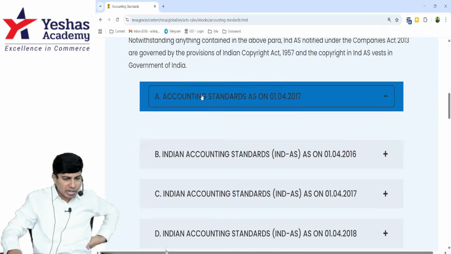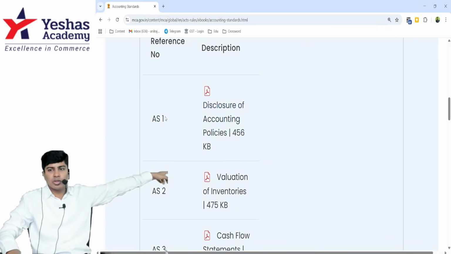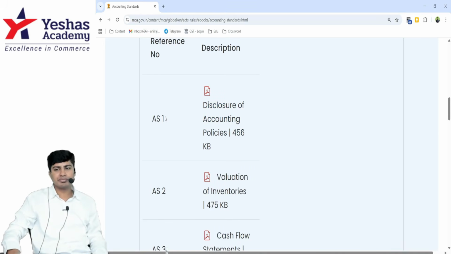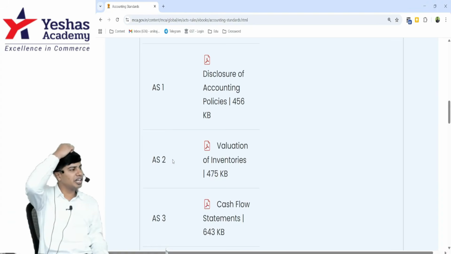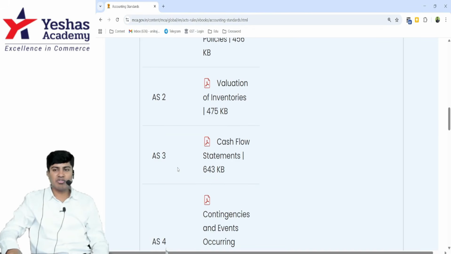Okay. Now, if I click on this word accounting standards, I have the entire list. AS1, disclosure of accounting policies. Come to your index. In module 1, do you see AS1? What is the name? Disclosure of accounting policies. AS2, chapter 5, unit 1. What is the name? Valuation of inventory. Come to AS3, cash flow statement.